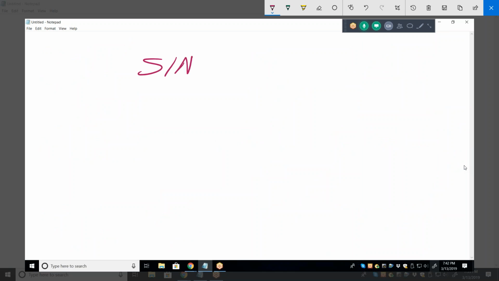If the sine of 30 degrees equals 1/2, which it does, we take trig functions of angles to get ratios. It doesn't matter whether it's sine, cosine, tangent, secant, cosecant, cotangent. We take trig functions of angles to get ratios.